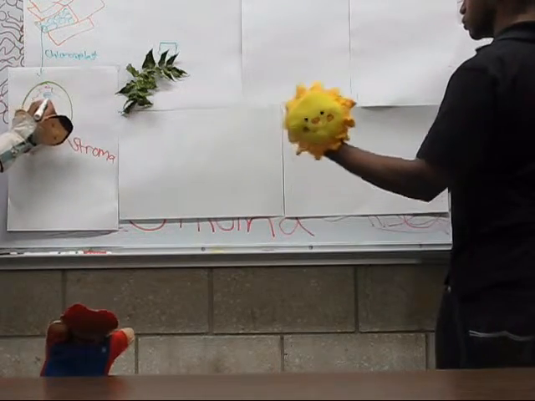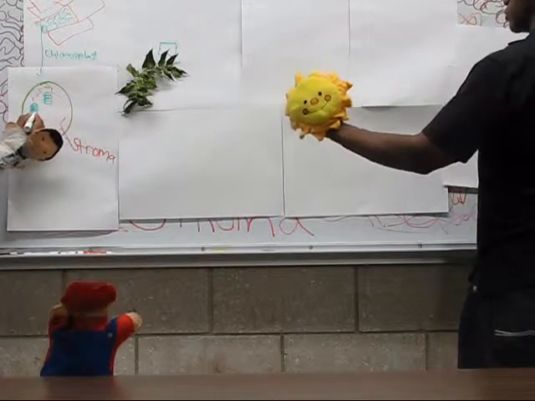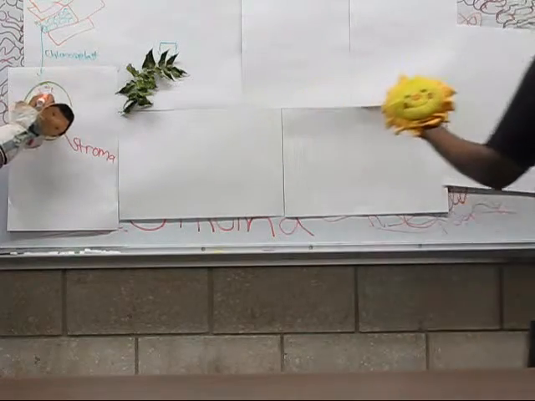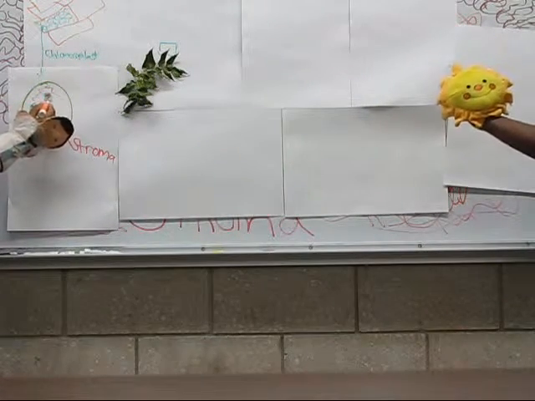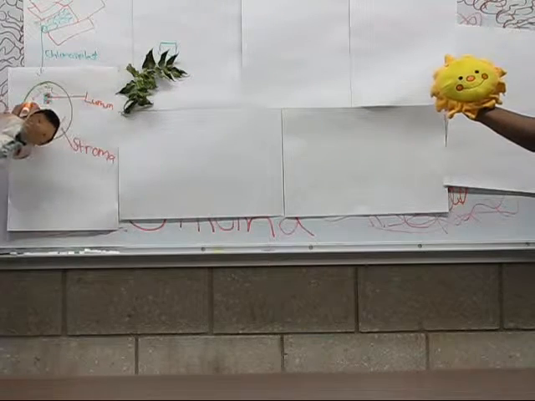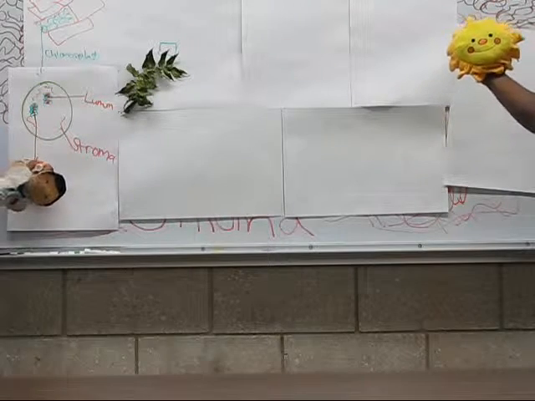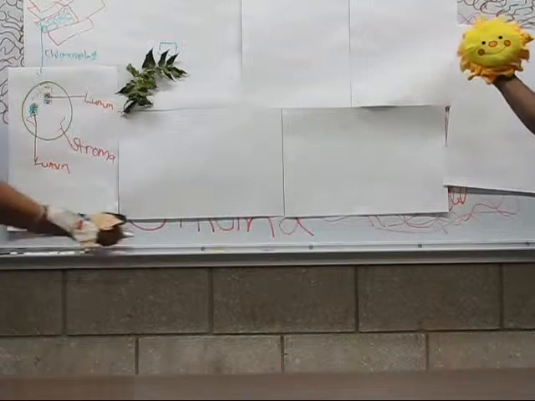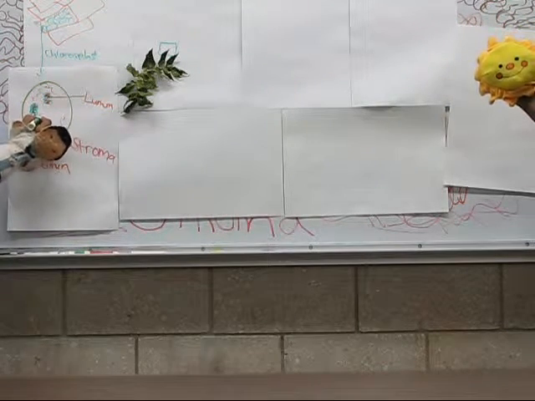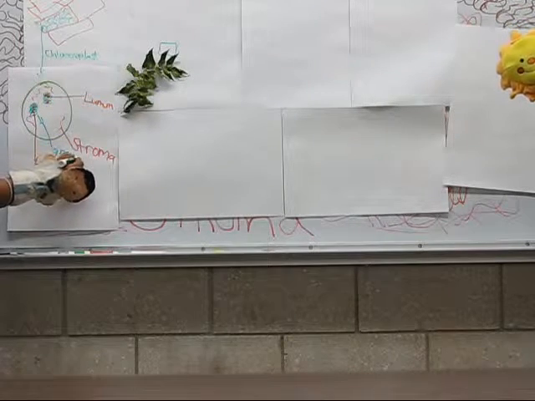Inside the thylakoid membrane is another liquid called lumen. This orange stuff is the lumen. The stacks of thylakoids are sometimes referred to as grana.